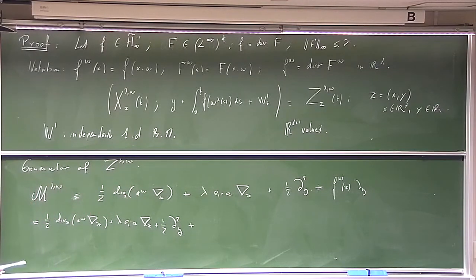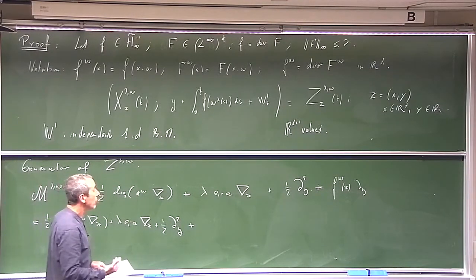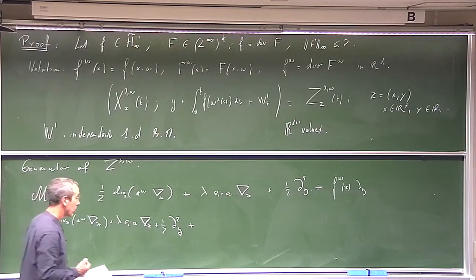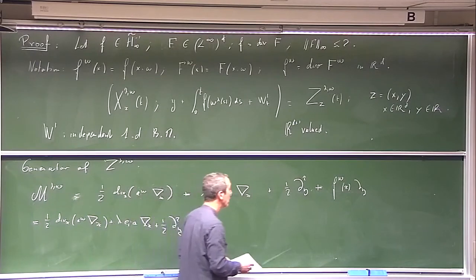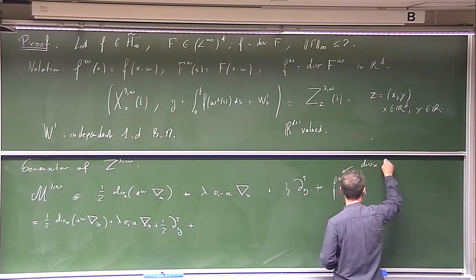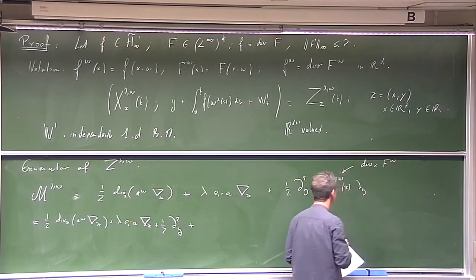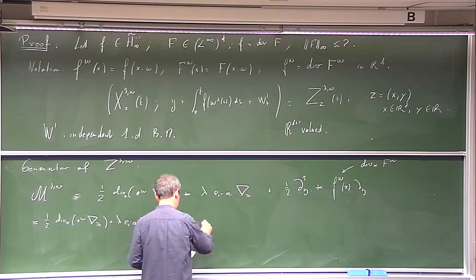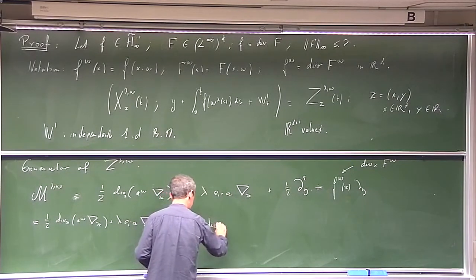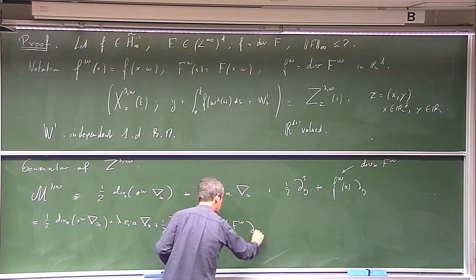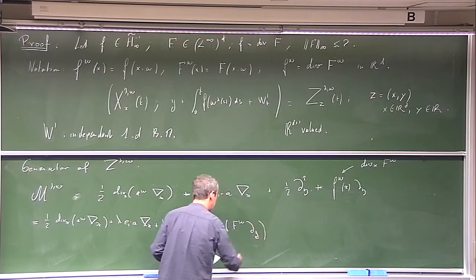So my claim is that the last term, I want to rewrite it in terms of the big F. So this guy is a divergence in x of big F. So I use this. So I'll get the divergence in x of big F times the derivative in y.